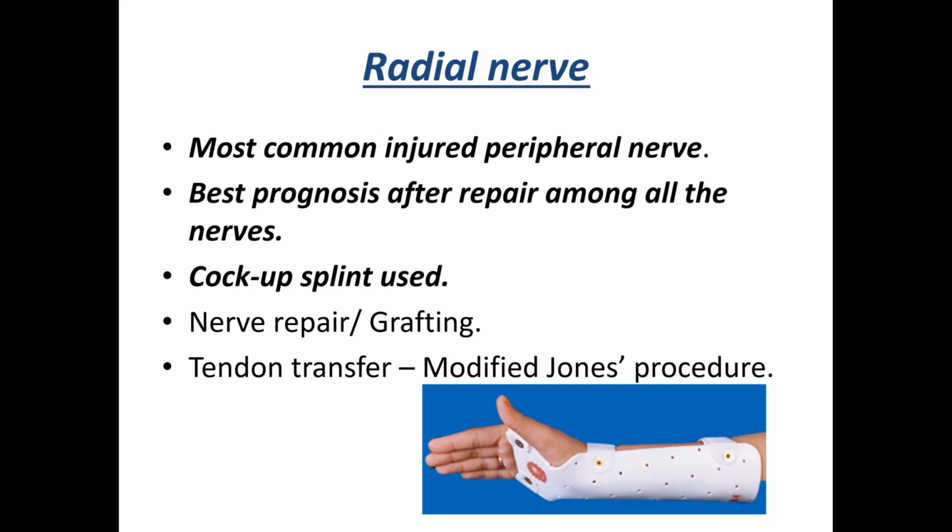So after the injury, the recovery of similar fibers is better and faster. But if a nerve is a mixed nerve, which has a high component of both motor and sensory innervations, in that case the recovery is usually delayed. So a predominantly motor nerve or a pure motor nerve has a better prognosis.